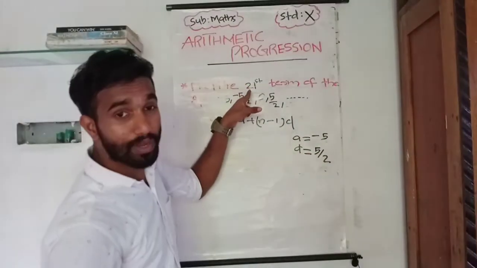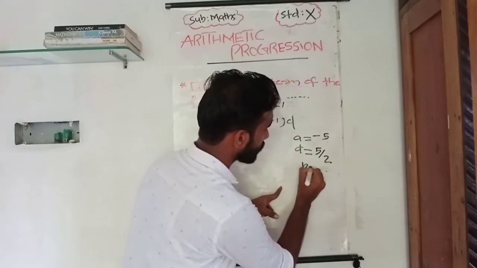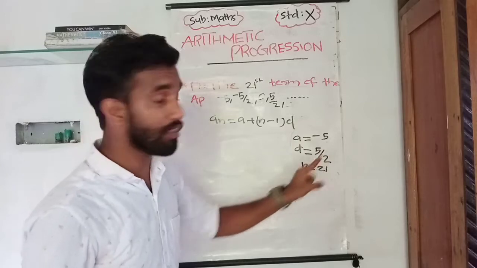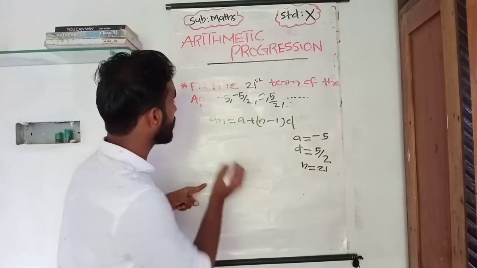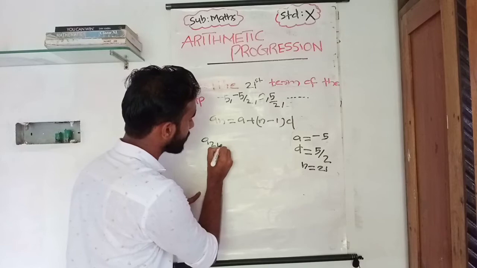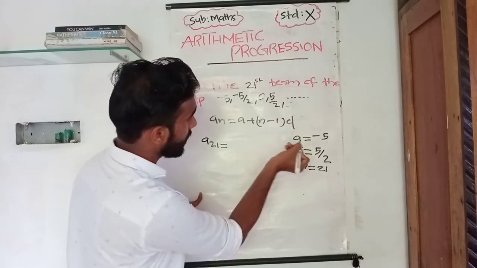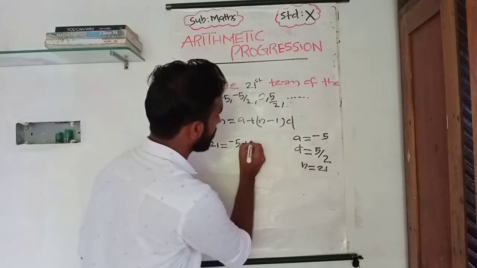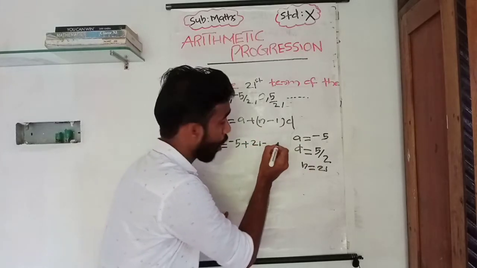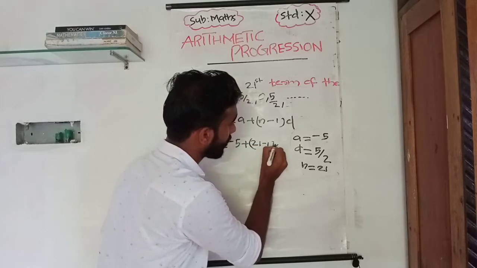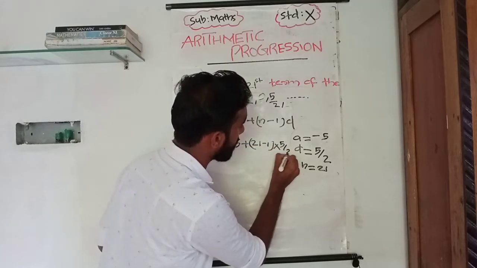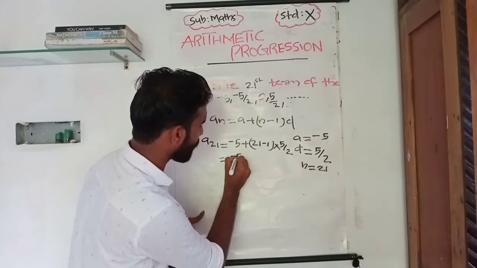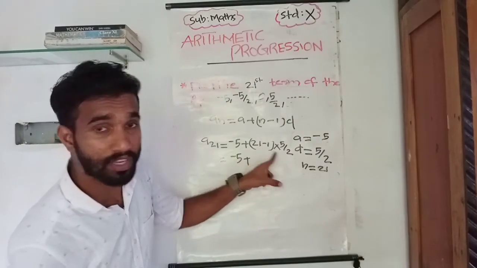We have to find the 21st term, n is equal to 21. Substitute all these values into our equation: a21 is equal to minus 5 by 2 plus 21 minus 1 into 5 by 2.